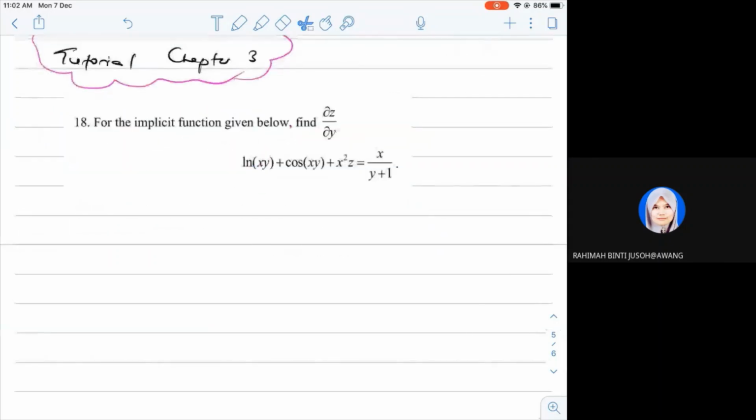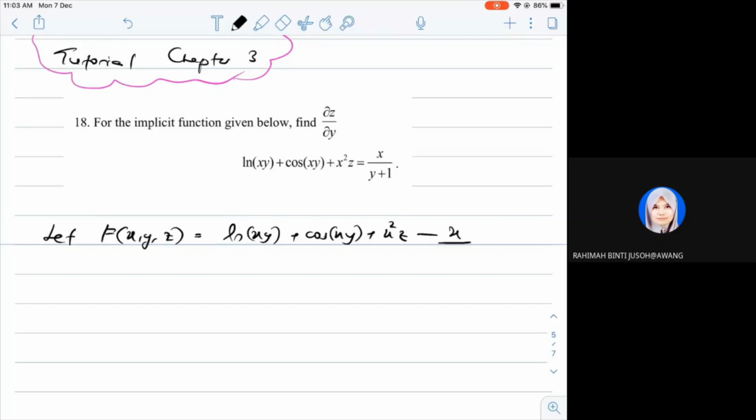Okay, so now we let f(x, y, z) equals to ln xy plus cos xy plus x squared z minus x over y plus 1 like this.